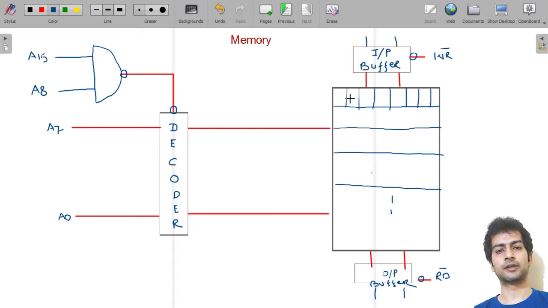Okay, memory is a group of registers. Registers are a group of flip-flops. Then suppose each register is having 8 flip-flops.